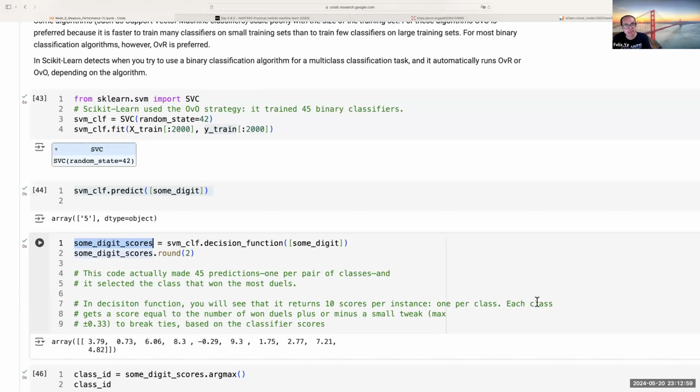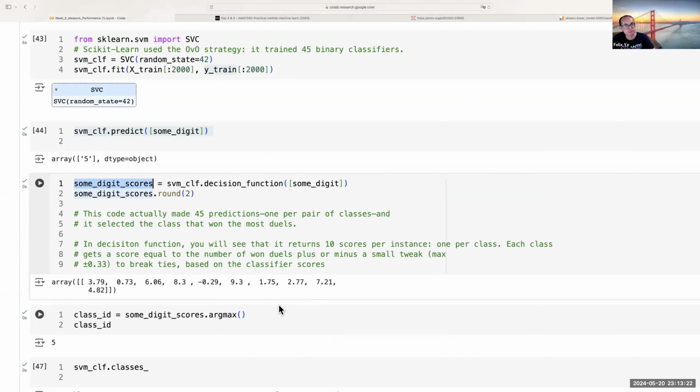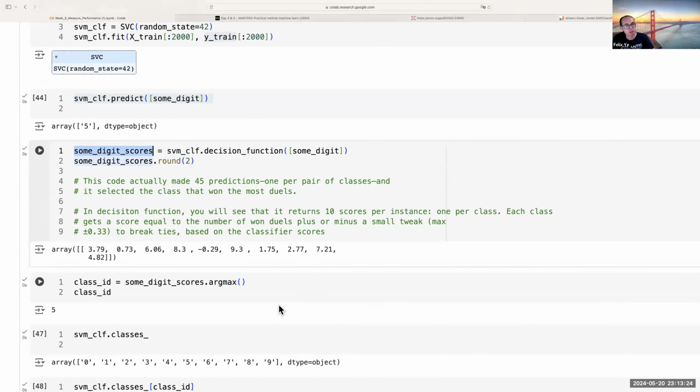It makes the 45 predictions, one per pair, and selects the class that won the most duels. So these values are not calculated from one versus the rest. They are derived from the one versus one results, and you also get 5 right here.